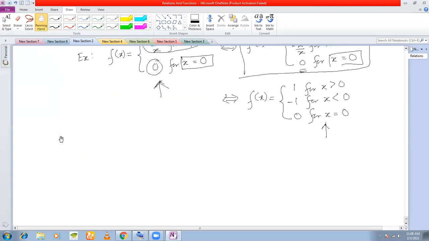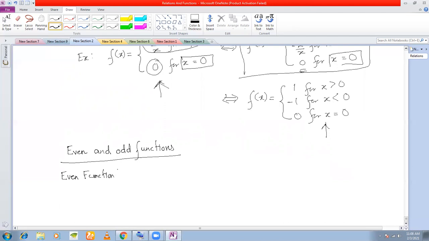And next, another important type of function you will come across very frequently in class 12: even and odd functions. You will come across this mainly in your integration part. Now, what do you mean by even function? First, we define even function.